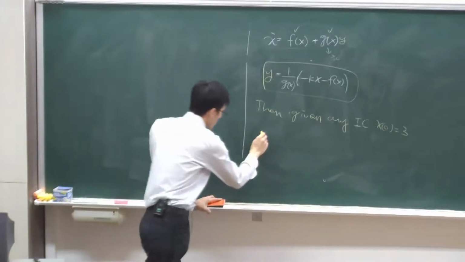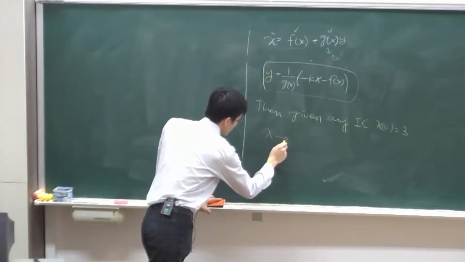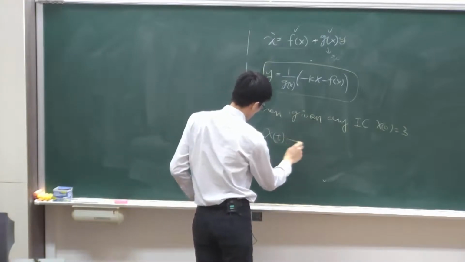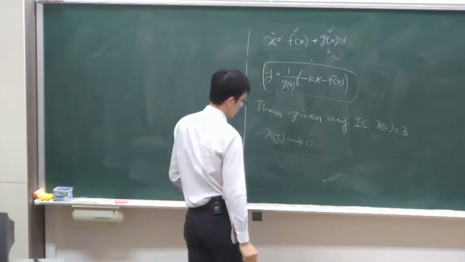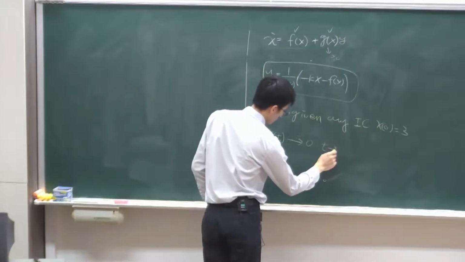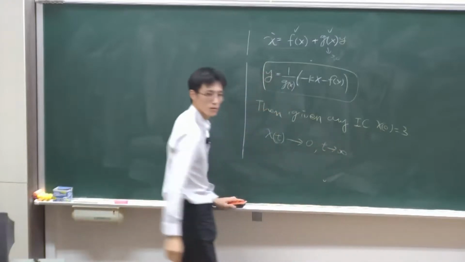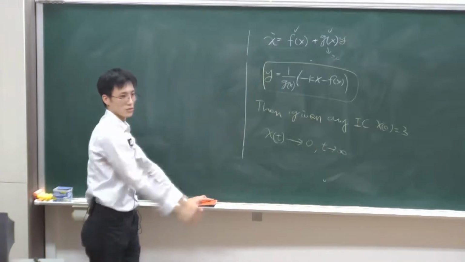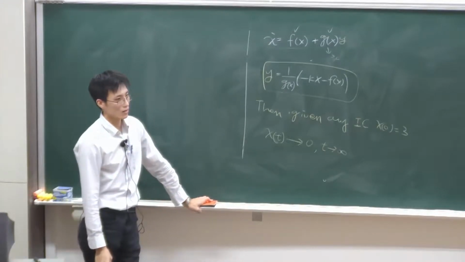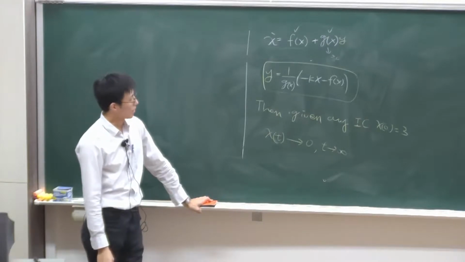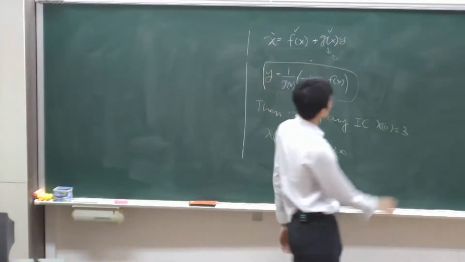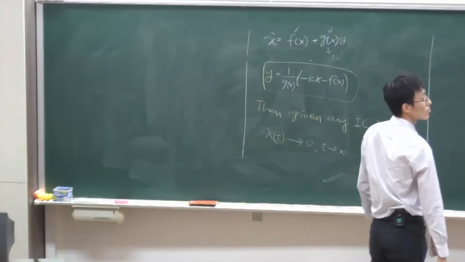Okay, and x will converge to 0 as t goes to infinity. Right? Start from 3, it will converge to 0 as t goes to infinity. 对不对? 这没问题吧? Okay. If you agree with this, that's okay.